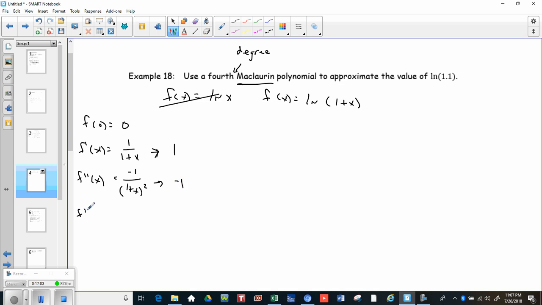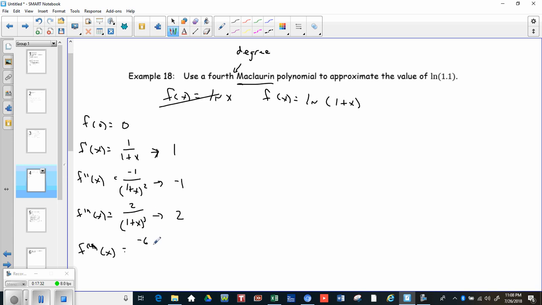Third derivative, so this is going to be 1 plus x to the negative 2, so multiplying that's going to give me positive 2, and then 1 plus x cubed in the denominator. Plugging in 0 here is going to give me 2, and then we will need a fourth derivative, and that's going to be bringing that up as a negative 3 power.